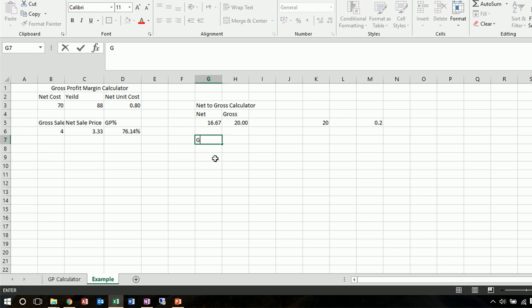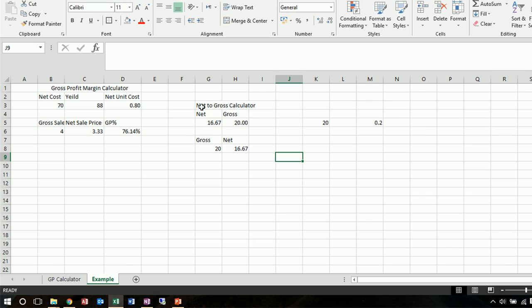So let's do the same but the other way around, gross to net, and then let's take £20, and then we need to divide that by the rate of VAT. So that's 1 plus 0.2, and then we get down to 16.67 again.